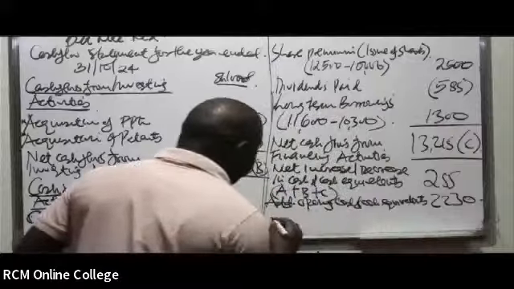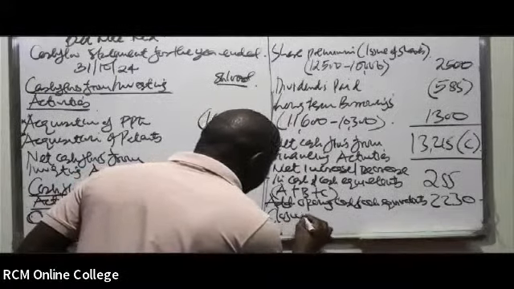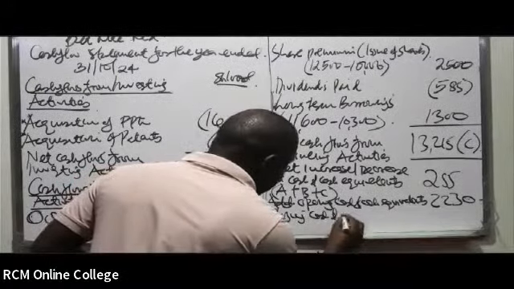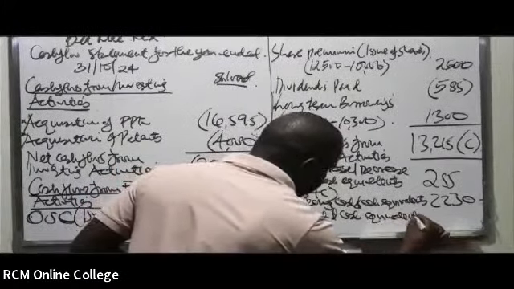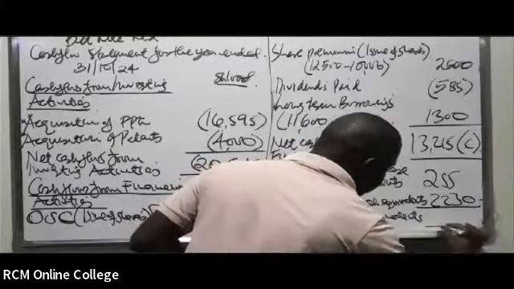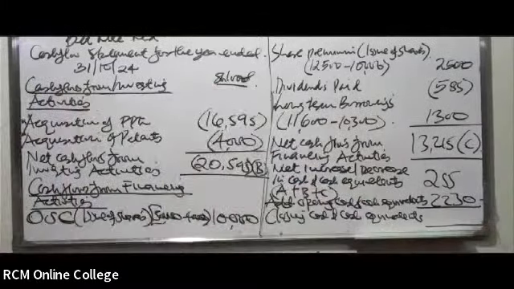So with these, we should be able to get the closing cash and cash equivalents. What is the closing cash and cash equivalents when you add? You get 2485. Right?